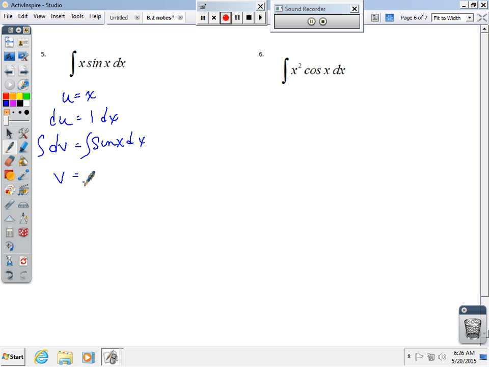The integral of sine is negative cosine x, and now it's u times v, so x, I'll put the negative out in front, u times v minus the integral of v, which is a negative cosine x. Make that a plus there.